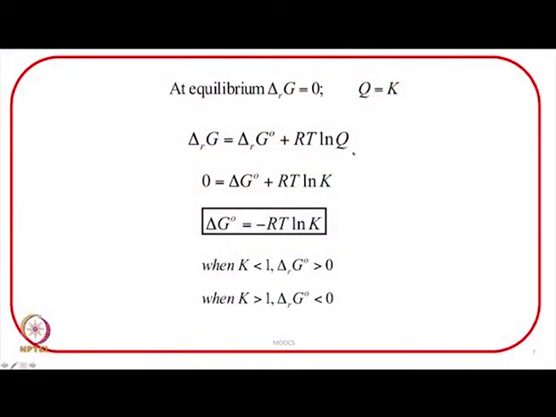So, what we have discussed is that from this general connection of the reaction Gibbs energy, which is actually the slope of Gibbs energy with extent of reaction, at equilibrium when it is equal to 0, Q becomes K, so it rearranges to delta G naught is minus RT log K, and then depending upon the value of K, delta G naught will be positive or negative.